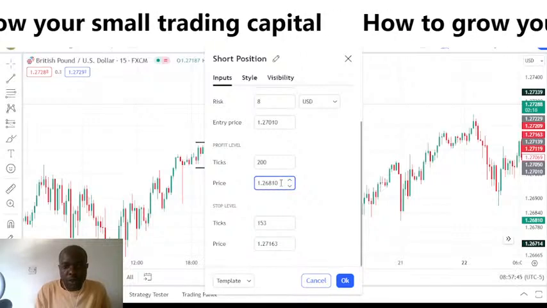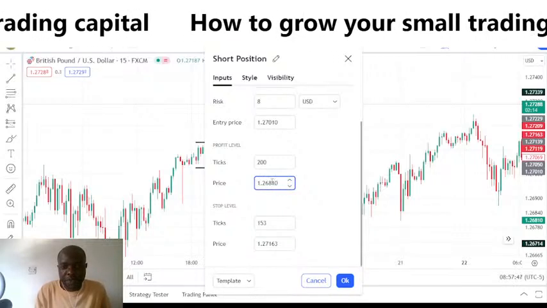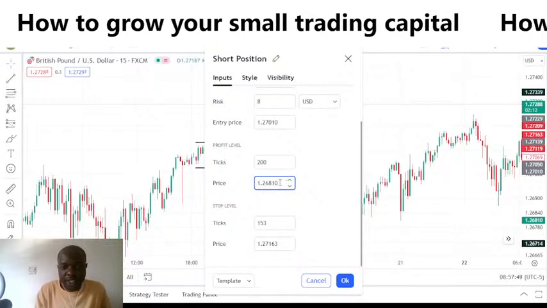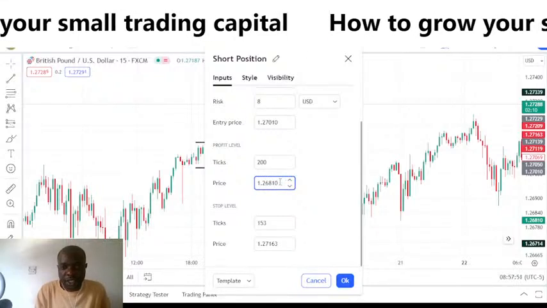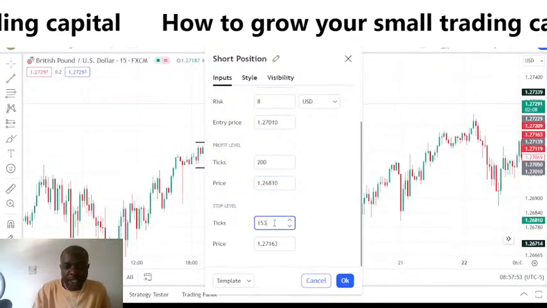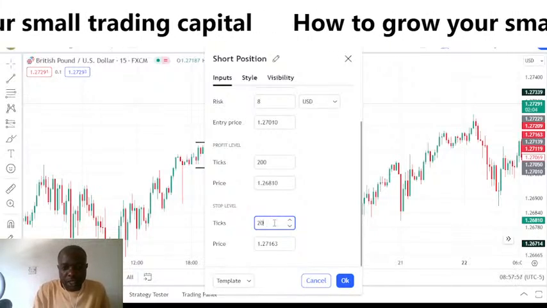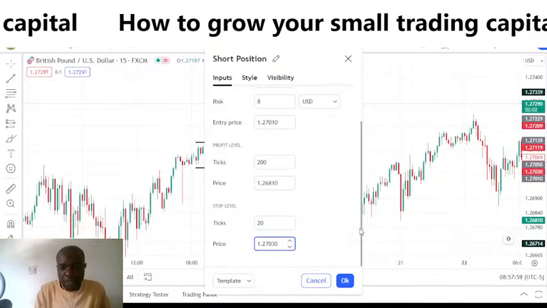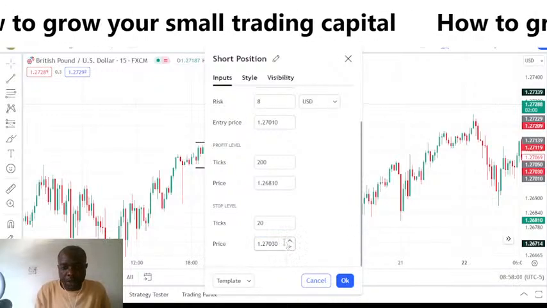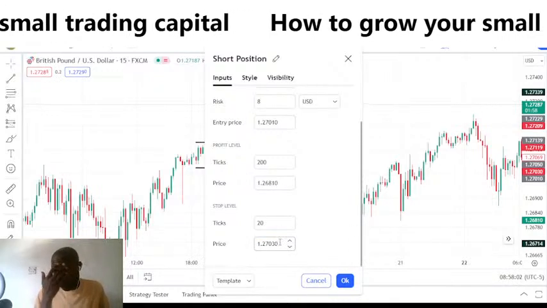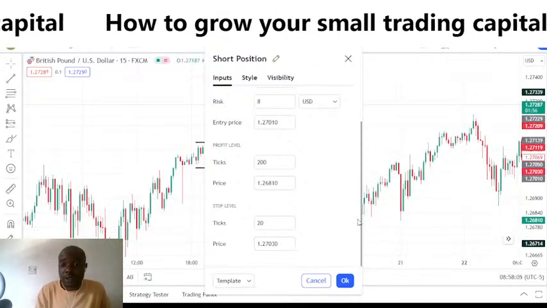So you can see the price will change now. This is the price that you are going to enter at your take profit. Here our stop loss will be 20 pips. We want to risk 20 pips, so you copy the price and paste it into your stop loss.